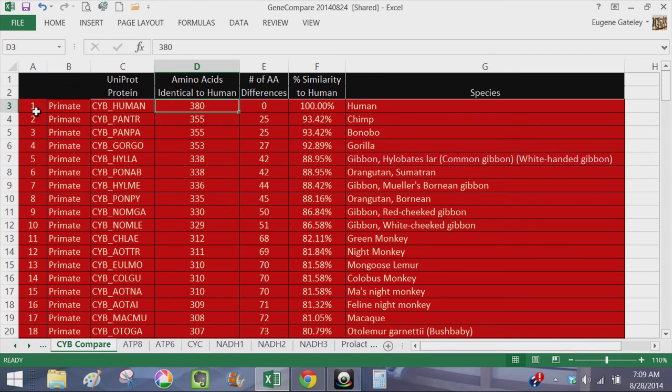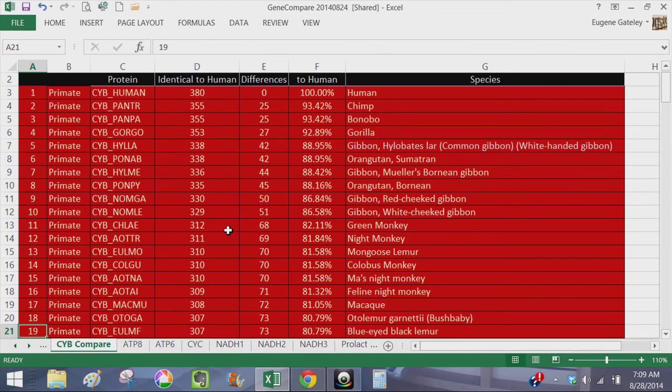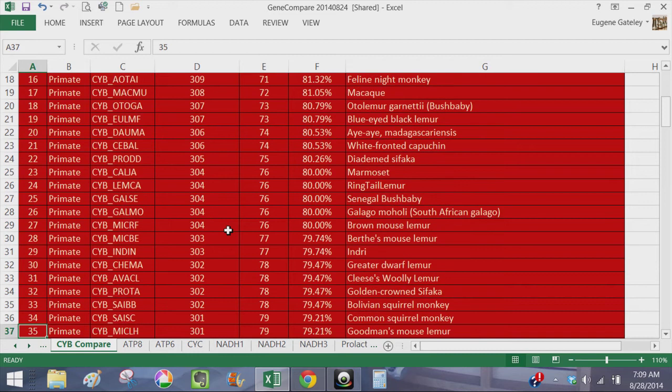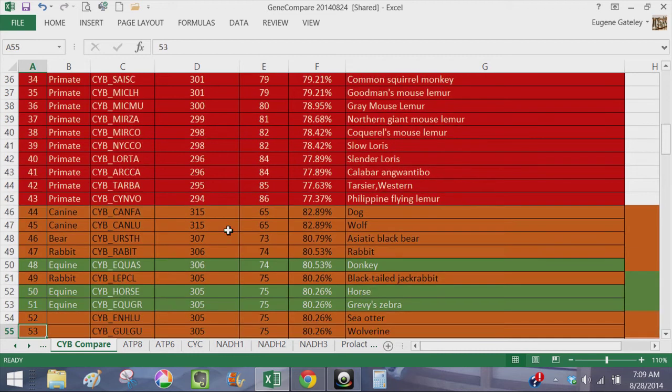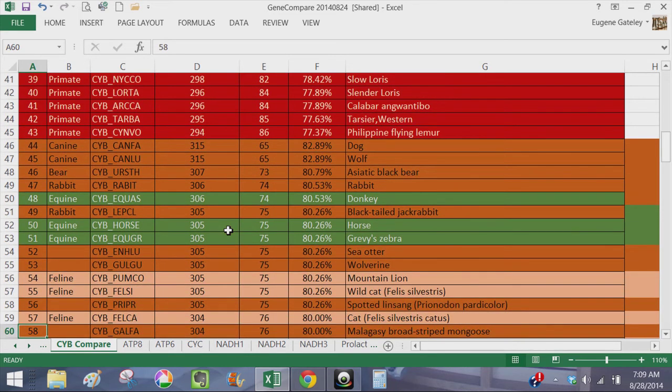I have them numbered here. The 43 primates are highlighted here in red, and the other species are grouped together a bit, because according to creation, some species actually do have a common ancestor.